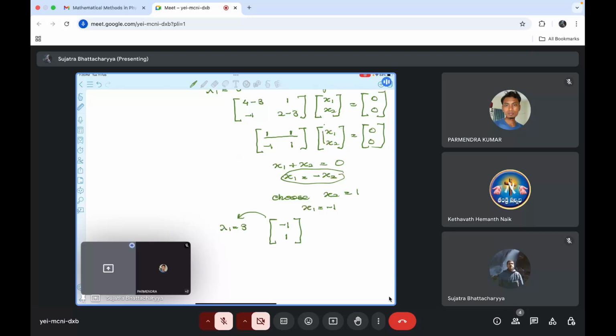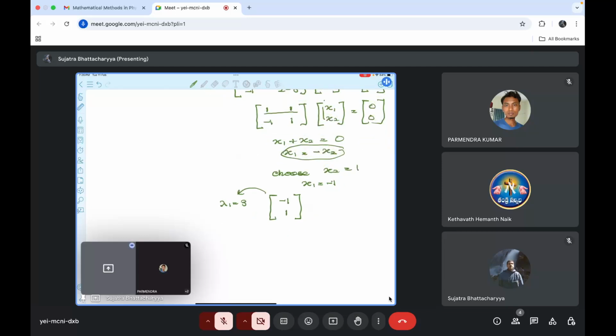Question is that for the lambda 2, there is a linear dependence of the eigenvector. If I choose x1 is equal to say minus 2 and x2 is equal to 2, then it will be a dependent kind of a vector. Correct. So in this case, when the lambdas are the same, we call this matrix a defective matrix.